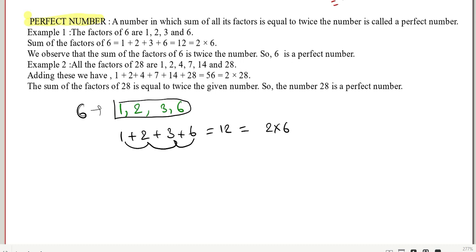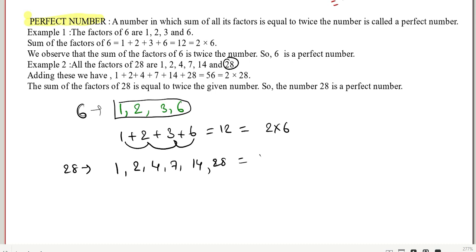In the same manner, let us take another example, 28. The factors of 28 are 1, 2, 4, 7, and 14, and 28 itself is a factor of it.